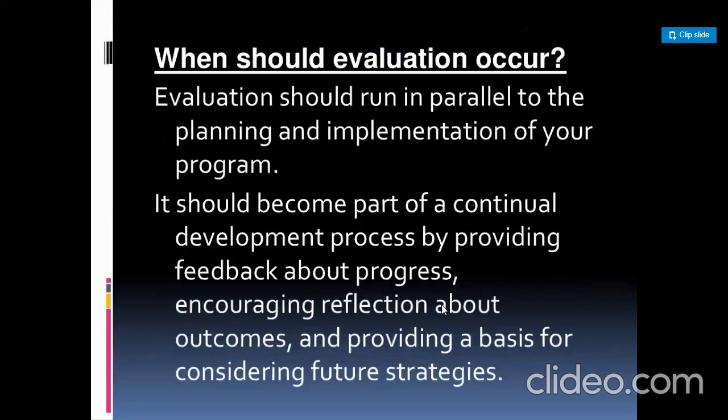When should evaluation occur? Where do you need to have the evaluation? Evaluation should run in parallel to the planning and the implementation of your program or your research. It should become a part of the continual development process by providing feedback about progress, encouraging reflection about outcomes, and providing a basis for considering future strategies.